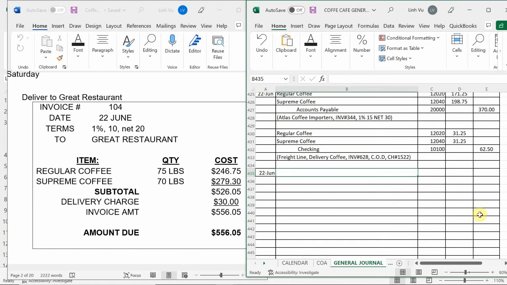It says deliver to Great Restaurant. So it would be checking. Did I receive any form of payment here? Oh no. So that would be accounts receivable.